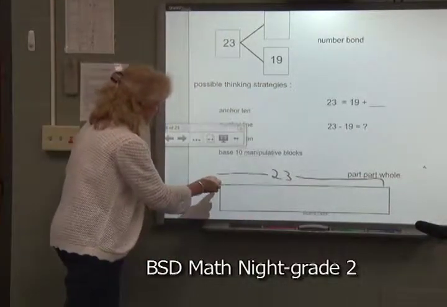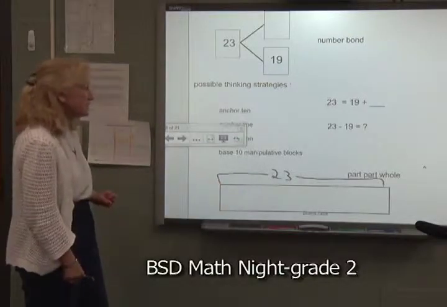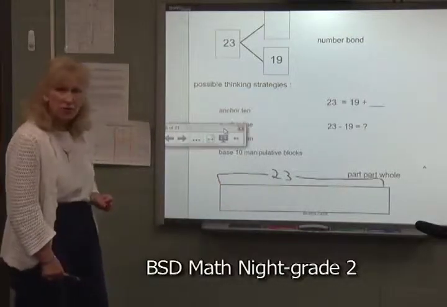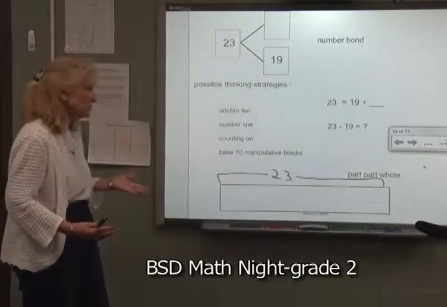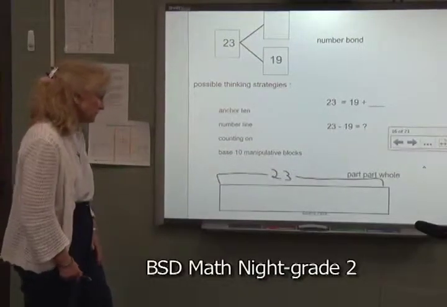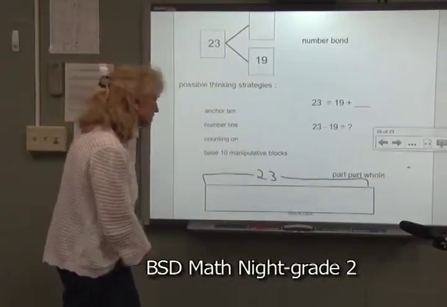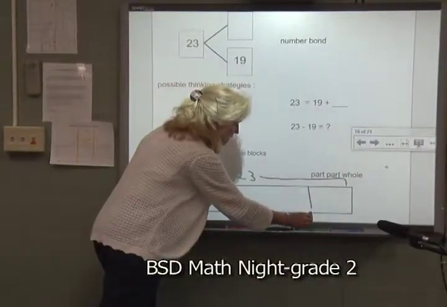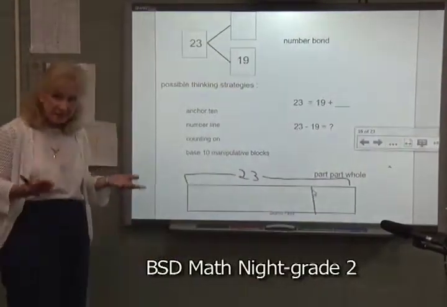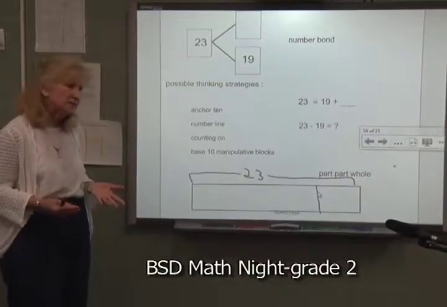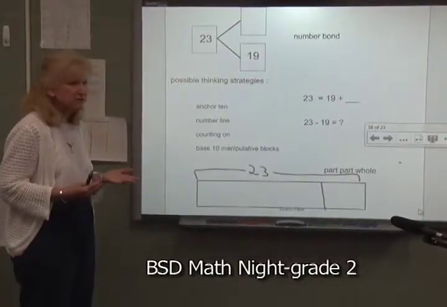And I have 2 parts. Thank you. One part is 19 and one part is 4. To help with the magnitude of those 2 parts, I think I'm going to go right about there. That's an estimate. We're not going for exactness.